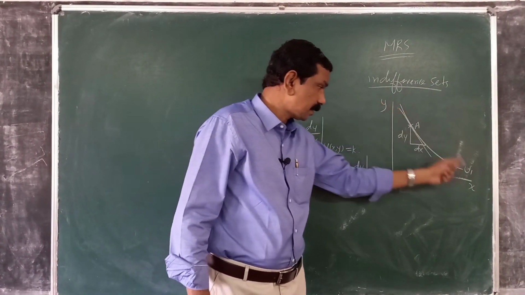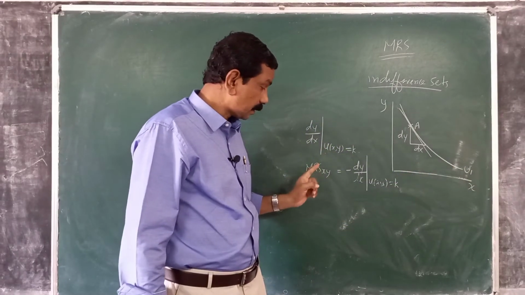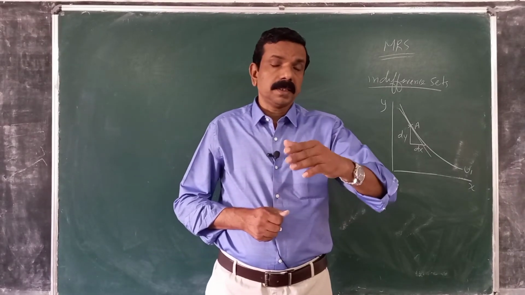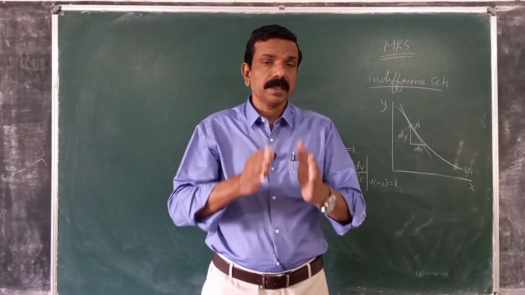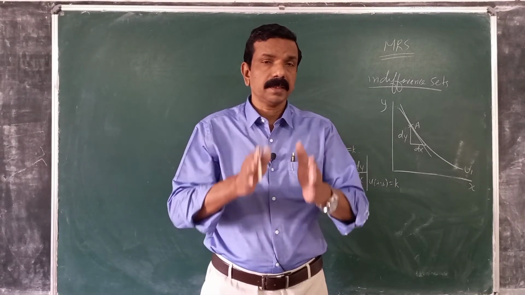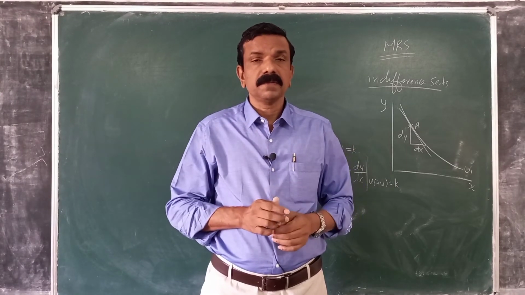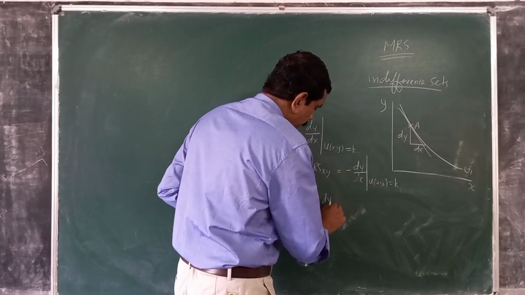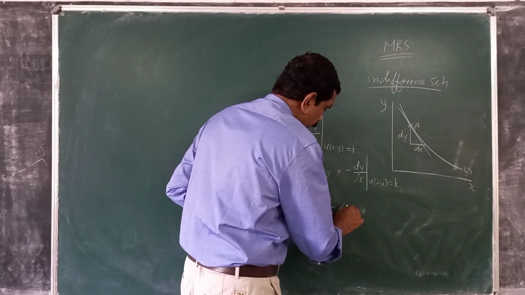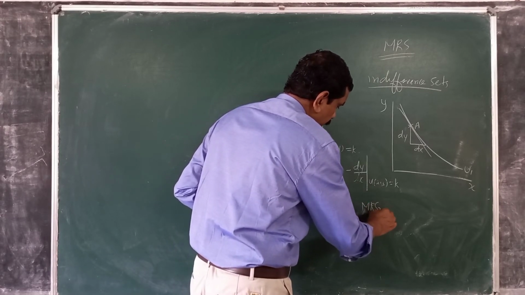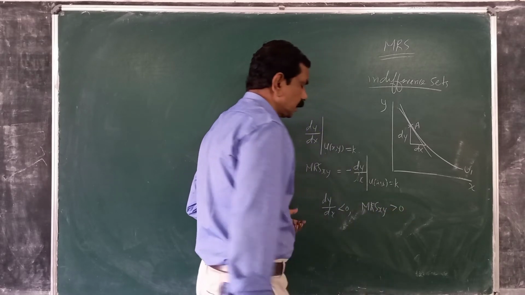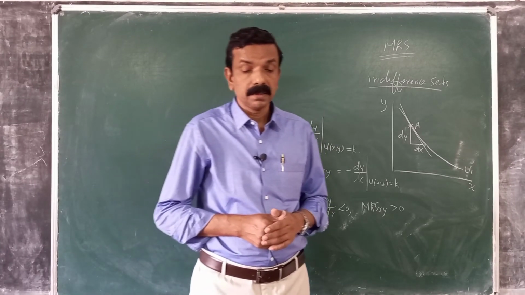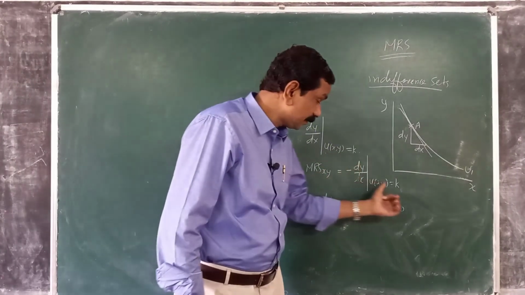If y is on the y-axis and x is on the x-axis, I define MRS xy as the number of units of y that should be substituted for getting one more unit of x and remain on the same indifference curve. And as we know, this dy by dx is negative. So MRS xy is a positive number. Or we will say that MRS xy is the negative of the slope.